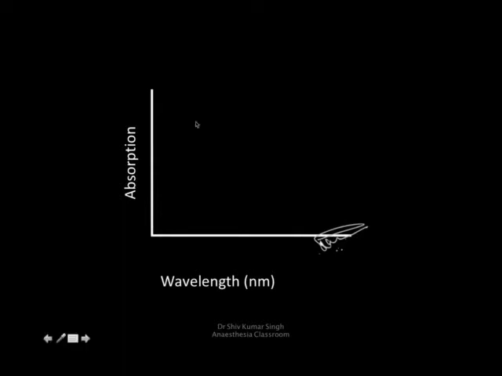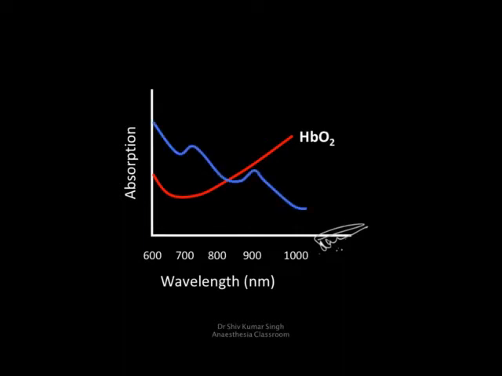So what you do is, you have a graph with wavelength in nanometers on the x-axis and absorption on the y-axis, and then you put down the values 600, 700, 800, 1000, and then you draw a tick mark. That is for oxygenated hemoglobin, and then hills and valleys, that is for the deoxygenated hemoglobin.